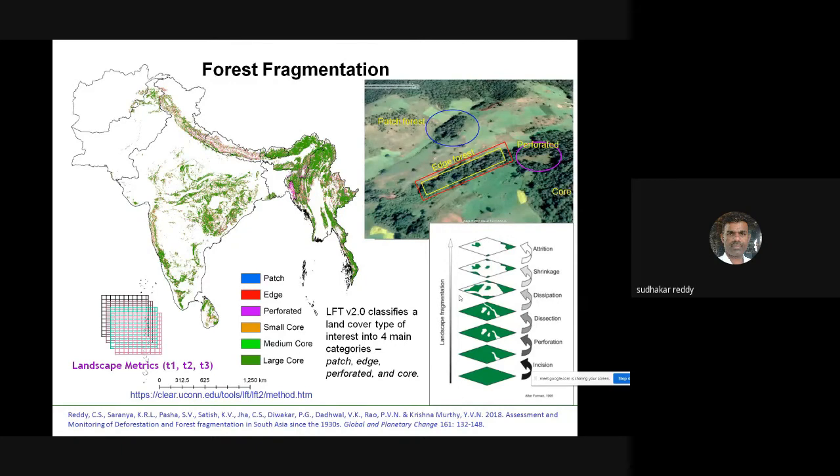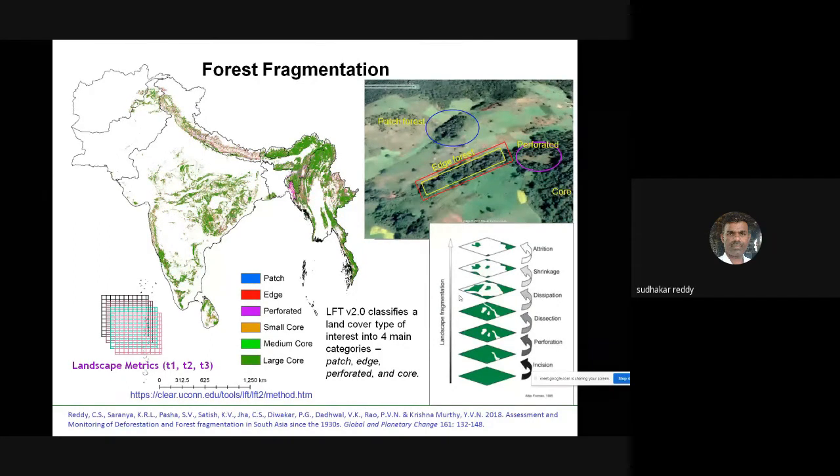It became disconnected, maybe due to encroachments, shifting cultivation, or developmental activities. The very interior forest is the core forest, which is highly required for the long-term conservation of biodiversity. So this kind of spatial data sets and maps helps us identify areas of high fragmentation and low fragmentation.